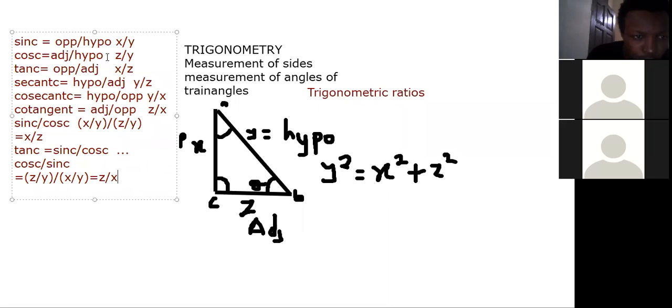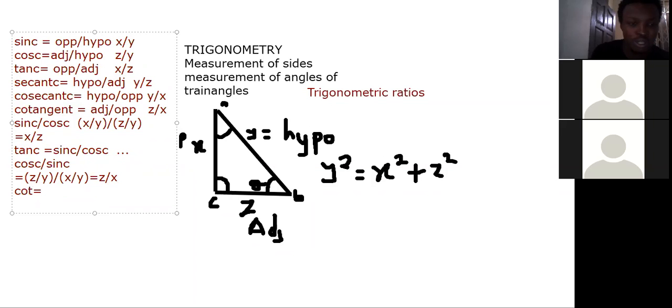Now, looking at this one, z all over x is what? Z all over x is cotangent. So can we now conclude that the short name of cotangent is cot?